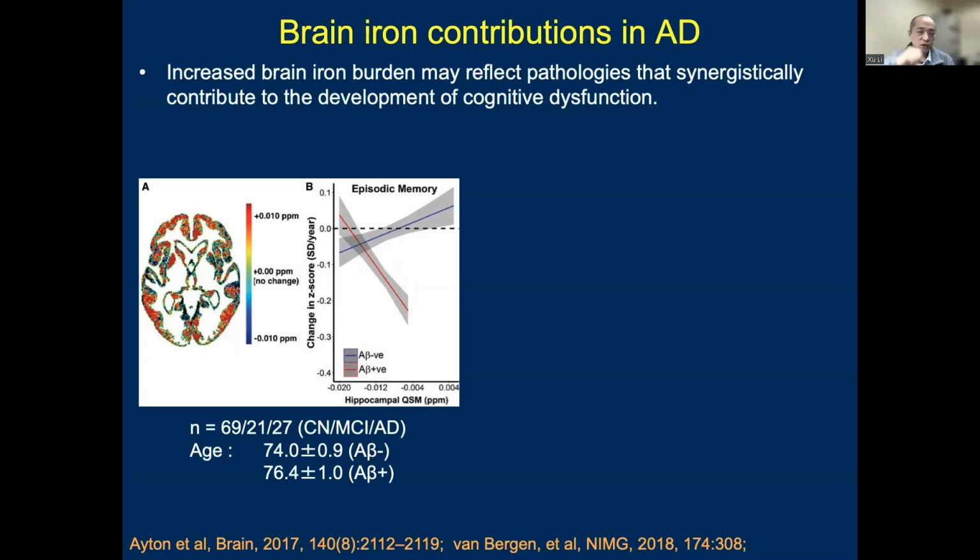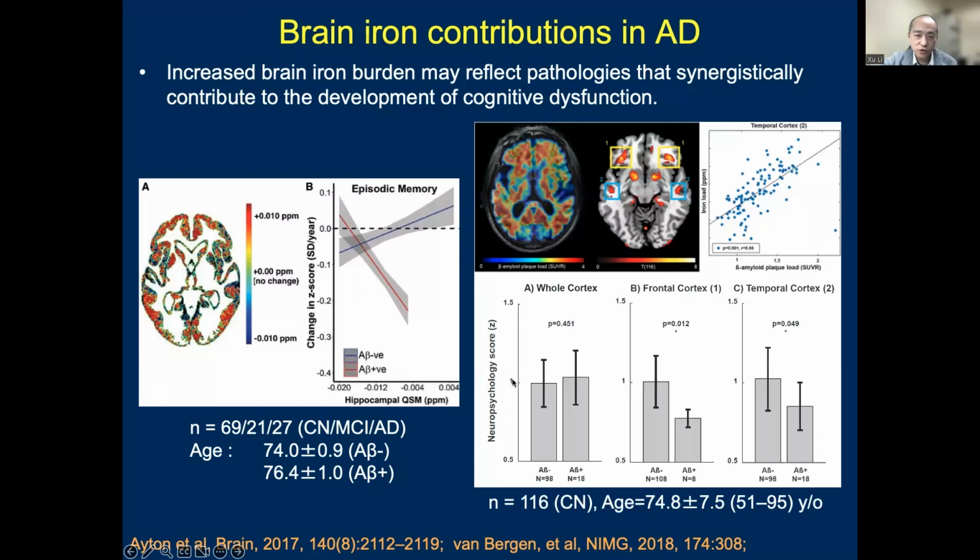This is one example study by an Australian group showing that the QSM measures in the hippocampus are significantly associated with the subject's cognitive decline over time, but only in the beta amyloid positive group. In the negative group, we don't see such an association.